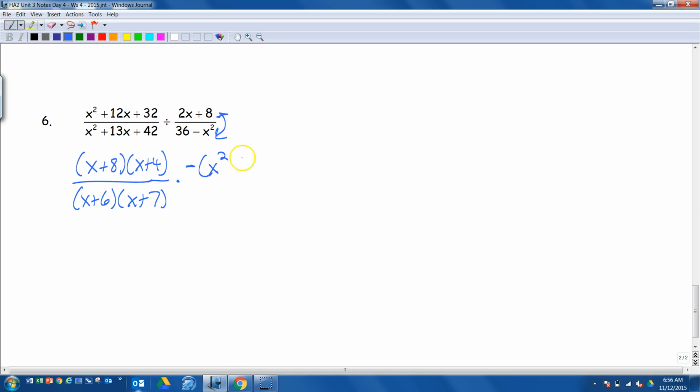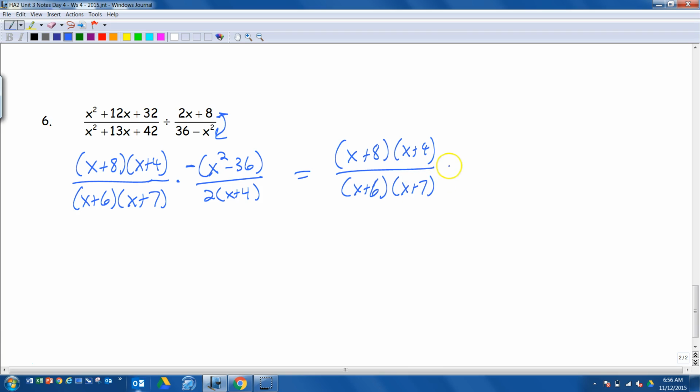And you can do that first if you want. I know I'm kind of just combining steps a little bit. So, I'm going to rewrite this real fast because I kind of did 2 steps here. Negative, and you can do difference of squares. And then the bottom becomes 2 times x plus 4.